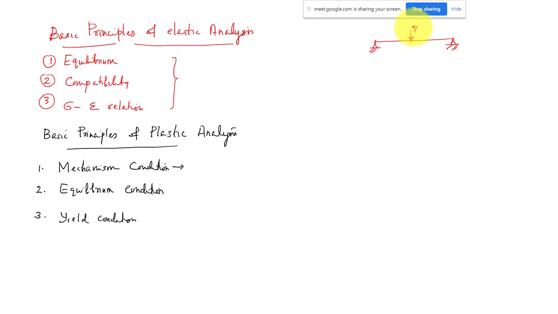At the collapse stage, a plastic hinge will form at the center, and once the plastic hinge is formed, it is a mechanism. In this case, only one plastic hinge is required to form a mechanism. By the formation of one plastic hinge, this structure converts into a mechanism.